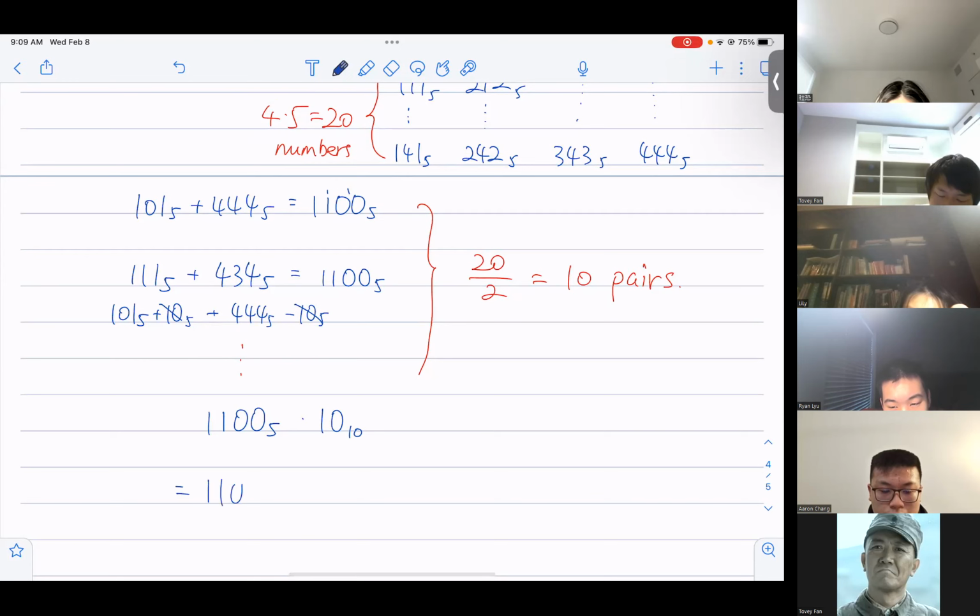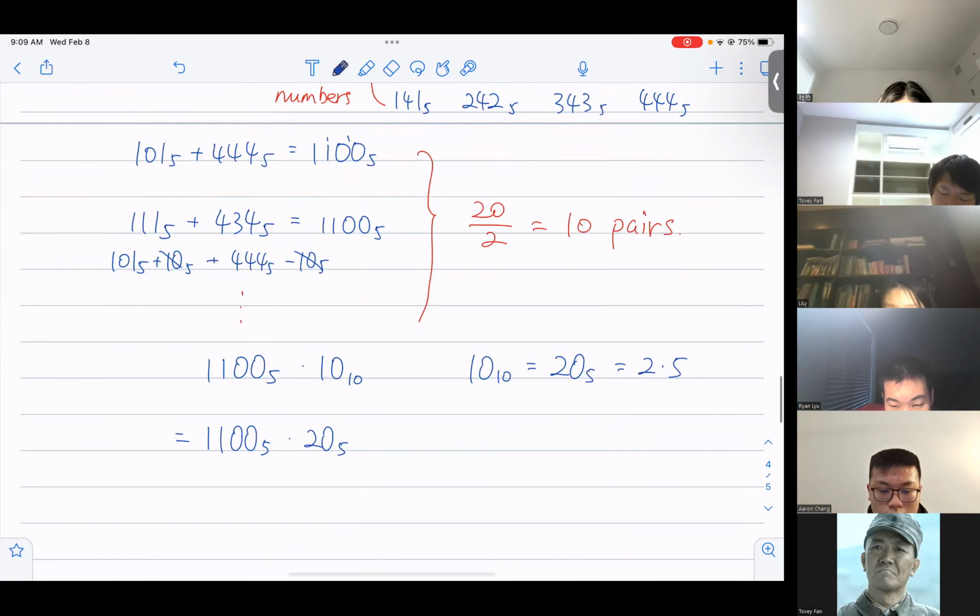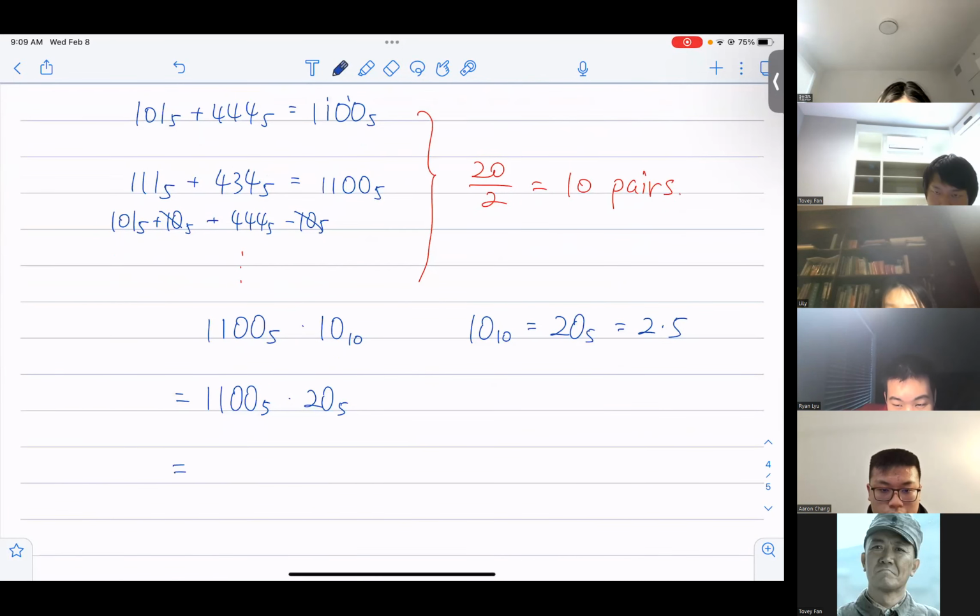So it's going to be 1100 in base 5 times 10 in base 10, which is 20 in base 5, because 10 is just 2 times 5, so 20 in base 5. And even in base 5, we put all the trailing zeros at the end: 1, 1 times 2 is 2, 2, right? Make sense?